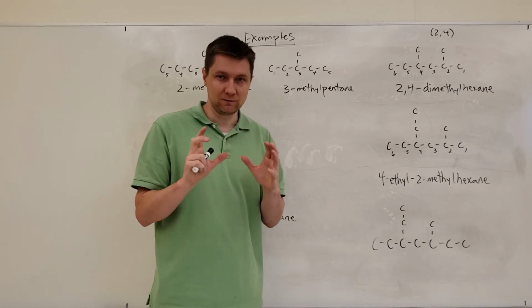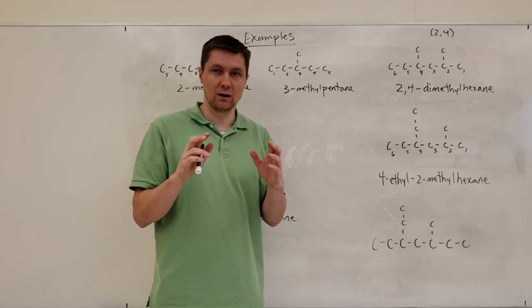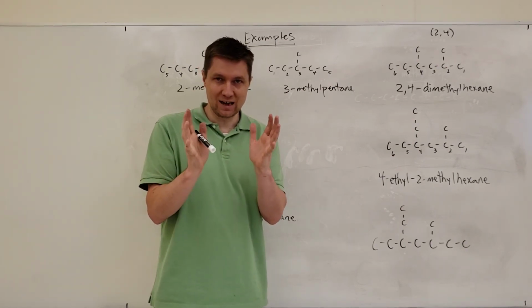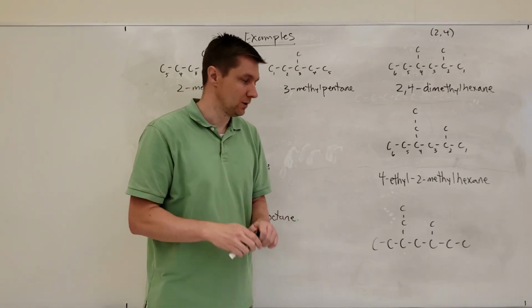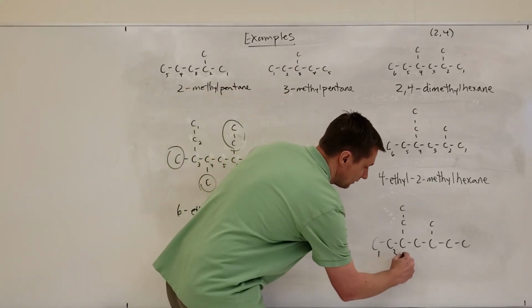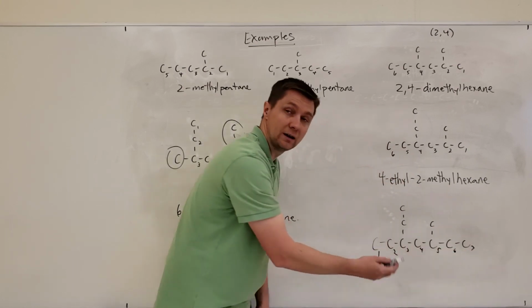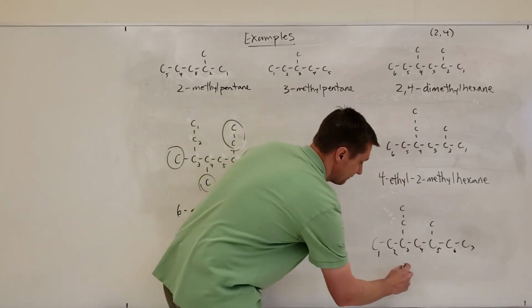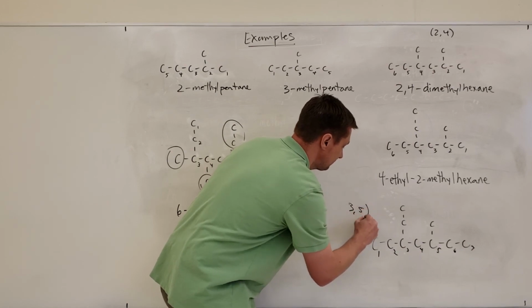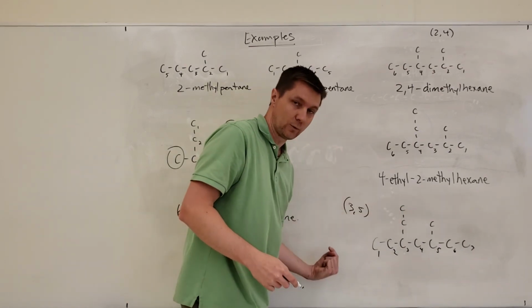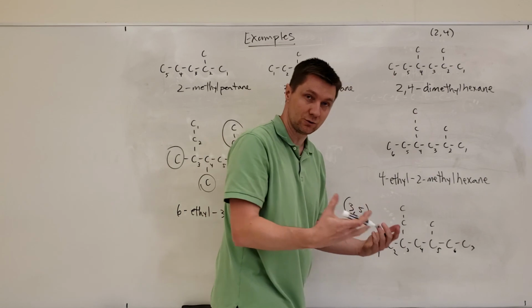This is only for molecules where the set of numbers that I get is the same. So I number it this way. You can see that my number set is 3 and 5. And if I number it the other way, my number set is also going to be 3 and 5.